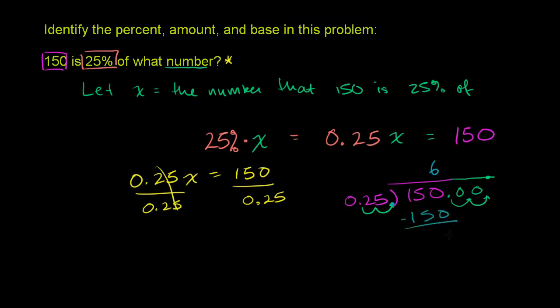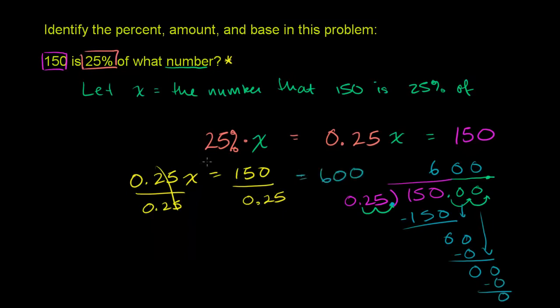You subtract. You get no remainder. Bring down this 0 right here. 25 goes into 0 0 times. 0 times 25 is 0. Subtract. No remainder. Bring down this last 0. 25 goes into 0 0 times. Subtract. No remainder. So 150 divided by 0.25 is equal to 600.